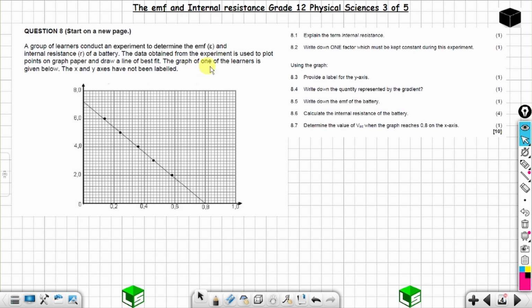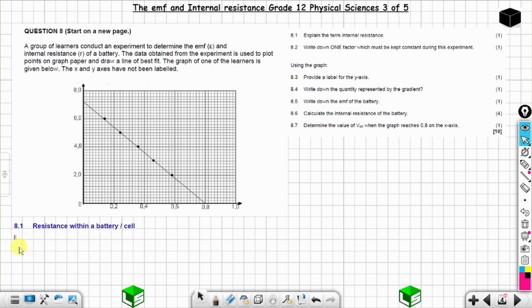The graph of one of the learners is given below. The x and y axes have not been labeled. Question 8.1. Explain the term internal resistance. 1 mark. This is the resistance within a battery or within a cell.